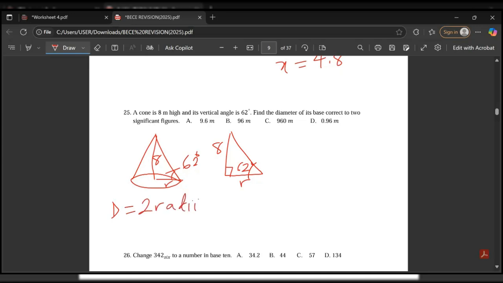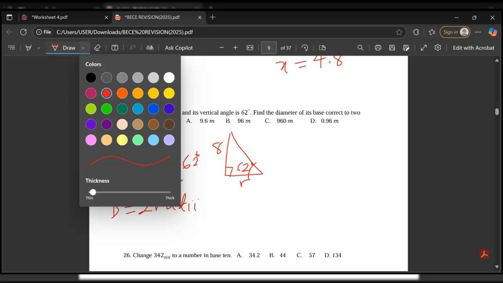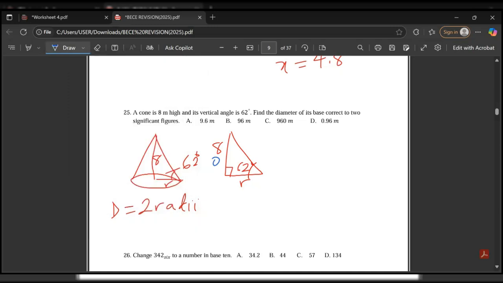Okay, this is also SOHCAHTOA. This is the opposite, and this is adjacent. So we are making use of tan again. So tan 62 degrees equals 8 over r. All right, so that means r equals 8 divided by tan 62.